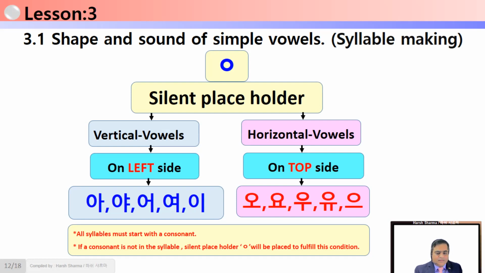So you can see all the vertical vowels, 10 we have completed, total 10 simple vowels. 5 are vertical: a, ya, o, yo and e. The silent placeholder will come on which side? Left side. And in the horizontal vowels, it will come on the top side.